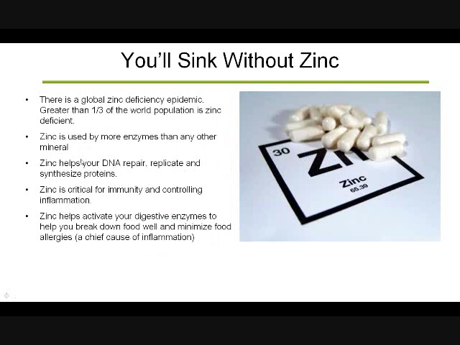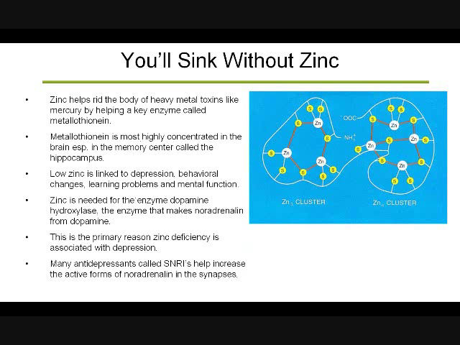We've all heard of zinc in relation to zinc lozenges for colds and sore throats. Zinc helps your DNA repair and protein synthesis, and is critical for immunity, so we know in colds and upper respiratory infections it controls inflammation, and it also helps activate your digestive enzymes. Zinc is also used in a very complicated protein called metallothionein, which is a detoxifier.